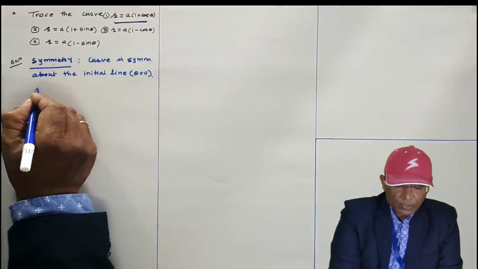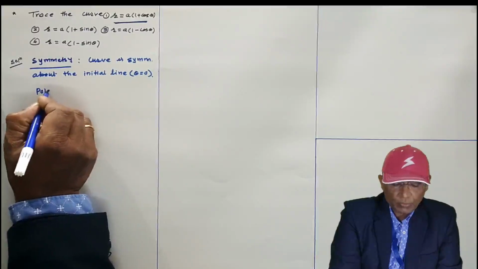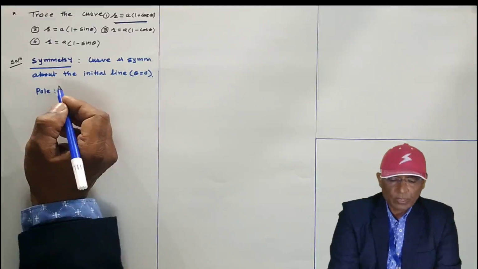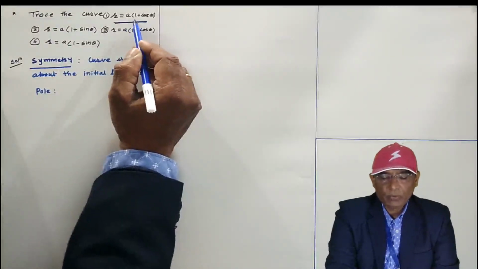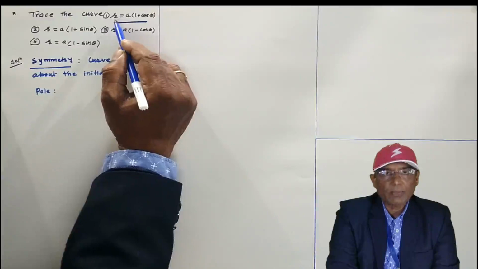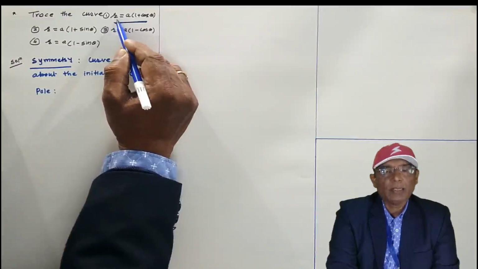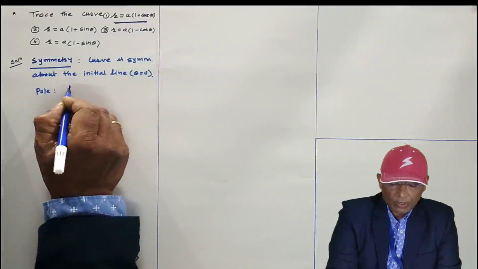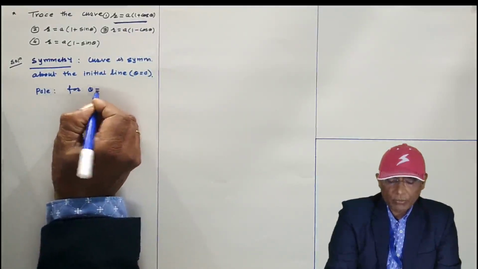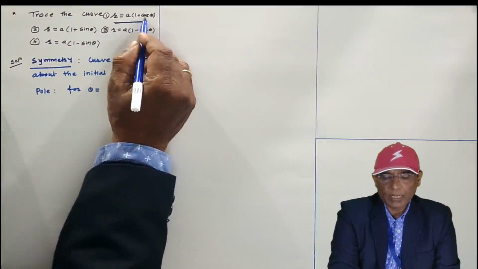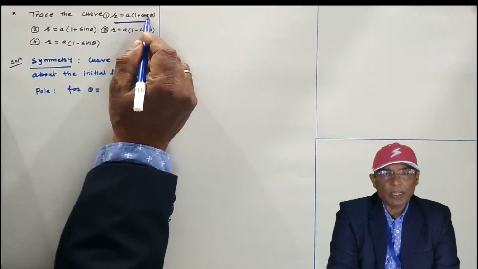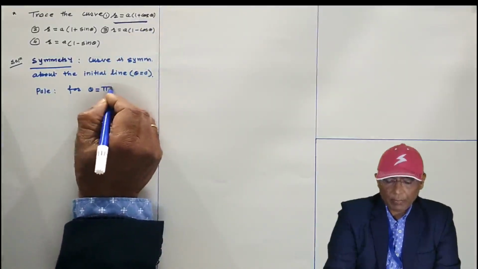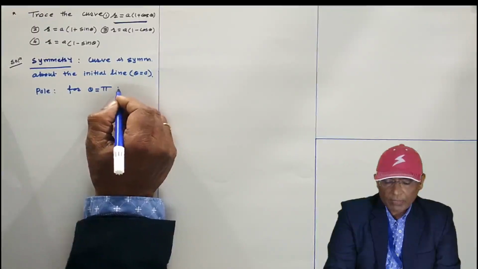Then next, whether it passes through the pole or not. How to check whether it passes through the pole or not? If for at least one value of theta, r becomes 0, then that curve passes through the pole. If you look at this equation, for theta equals pi, cos pi is minus 1, plus 1 will be 0. For theta equal to pi, r equals 0.